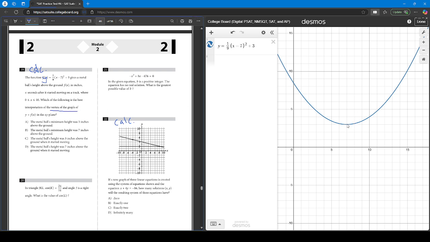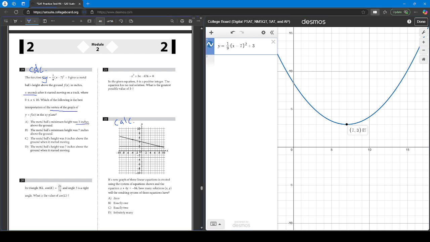So the vertex here tells me that at x is 7, so in 7 seconds, the ball was 3 inches above the ground. So the metal ball's minimum height was 3 inches above the ground.